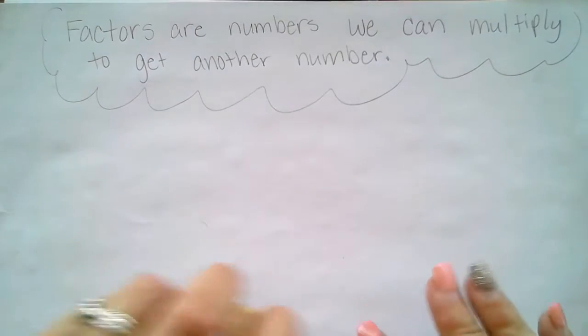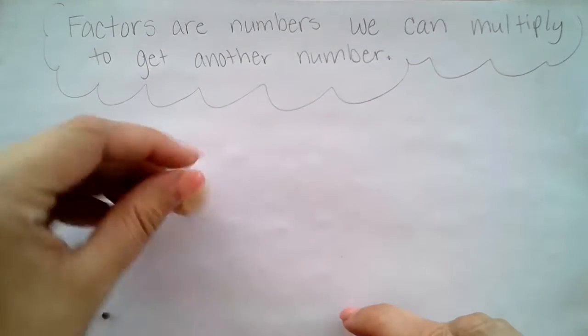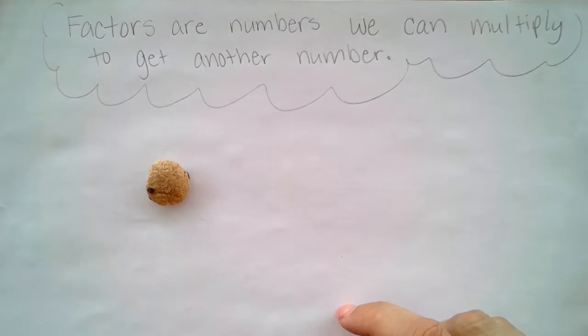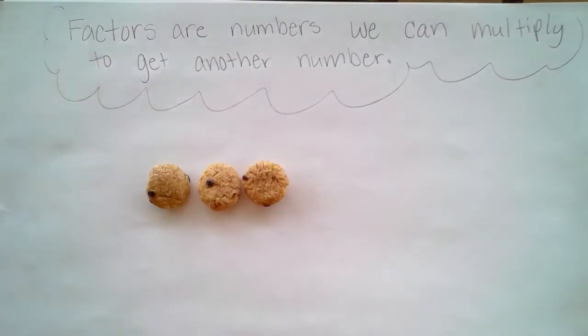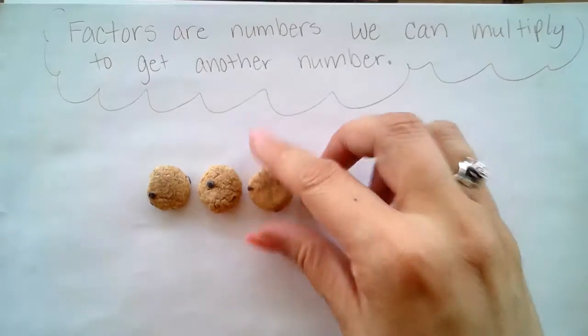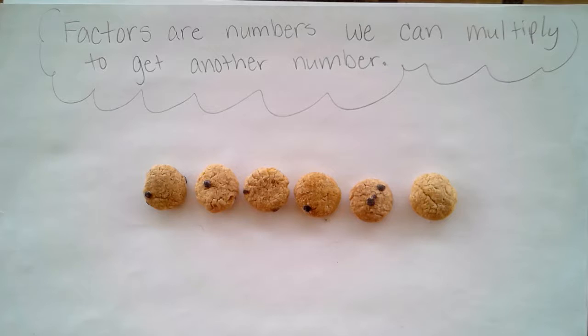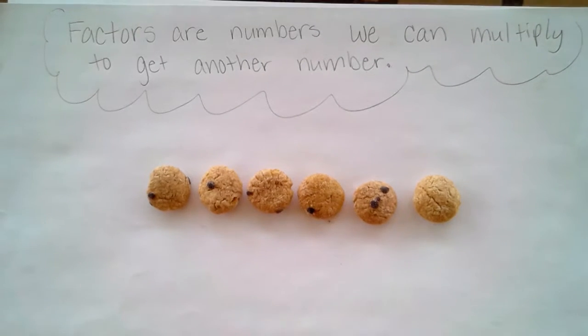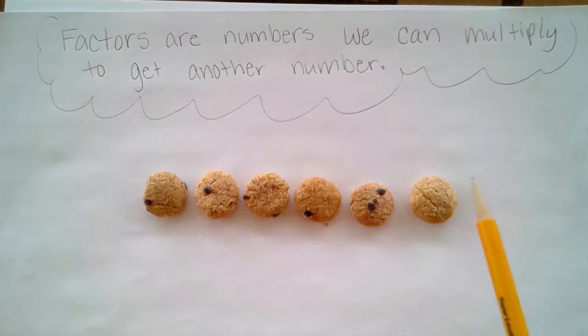So one way that I want to look at this is I have some cereal here that I stole out of the cabinet, some Cookie Crisp, and we're going to look at 6. Okay, let's look at the number 6. So I'm going to pull over 6 cookies this way. If we're looking at the number 6, I know that this represents 6 times 1, right?